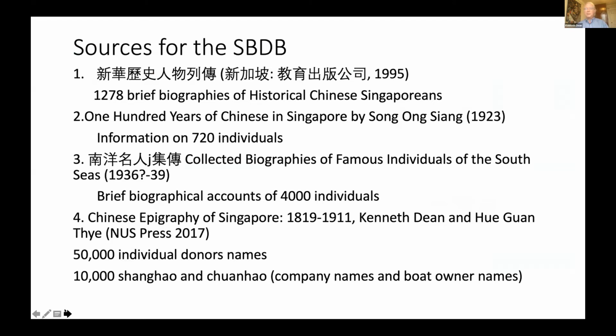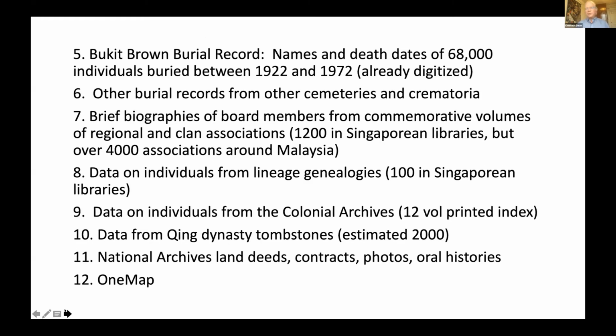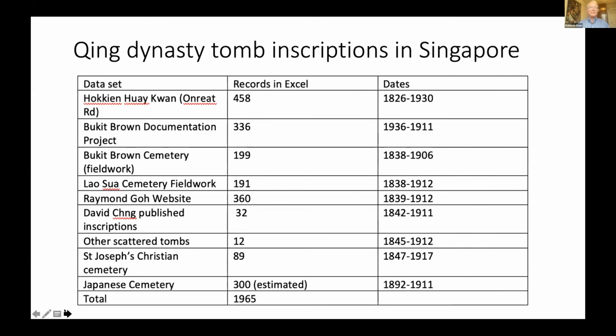So we're considering creating different layers to the Singapore Biographical Database to try to handle much greater sets of individual names and their connections to one another. Okay, including burial records. We have a lot of that information now. These are different kinds of sources that we're working to incorporate, but are still working on to bring it in.